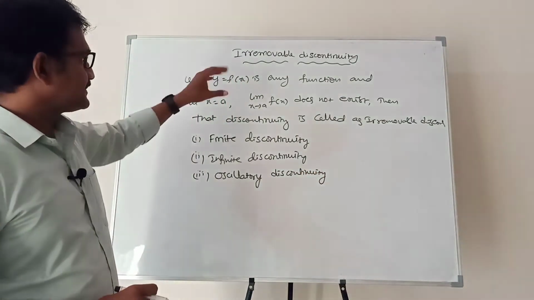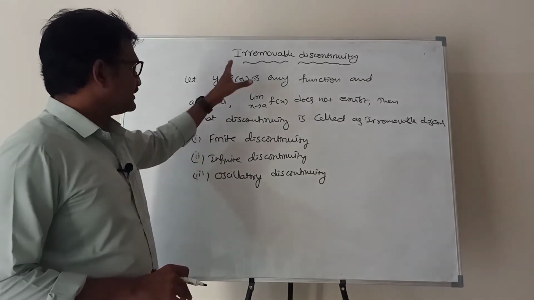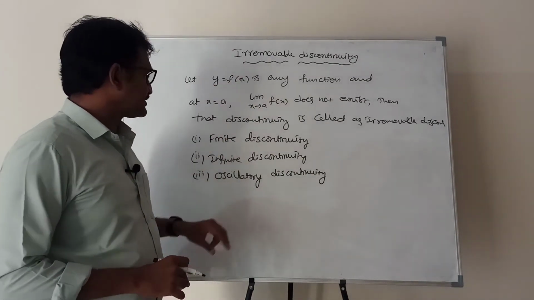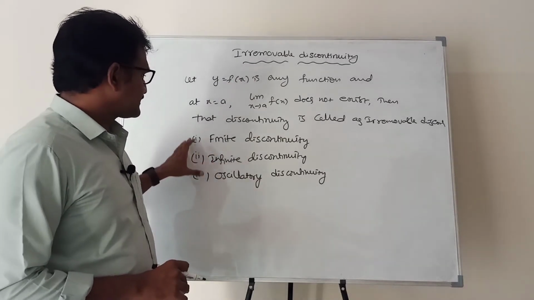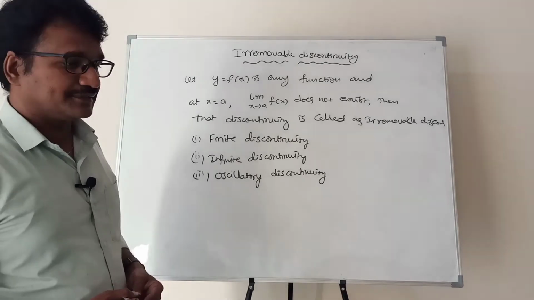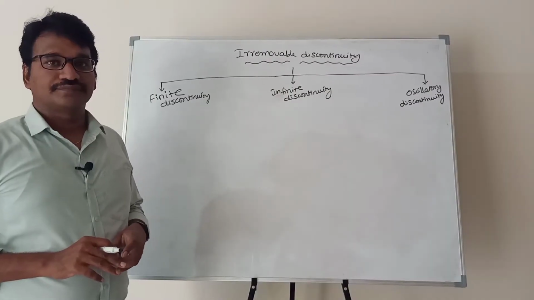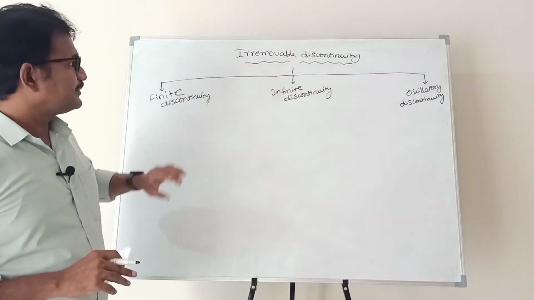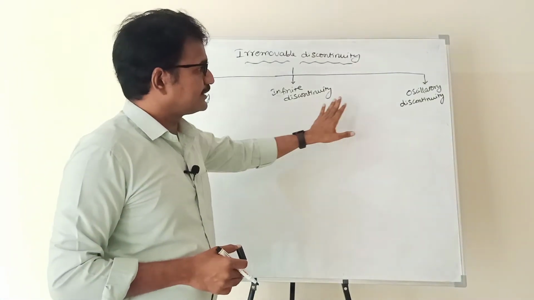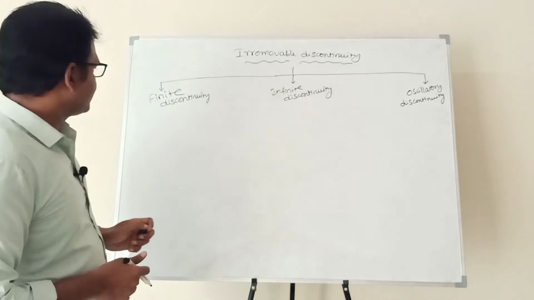So there are three types in irremovable. This discontinuity we cannot remove, that's why it is called irremovable discontinuity. The three types are finite, infinite, and oscillatory discontinuity.